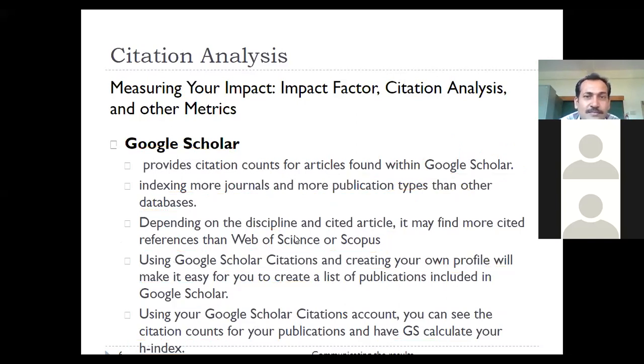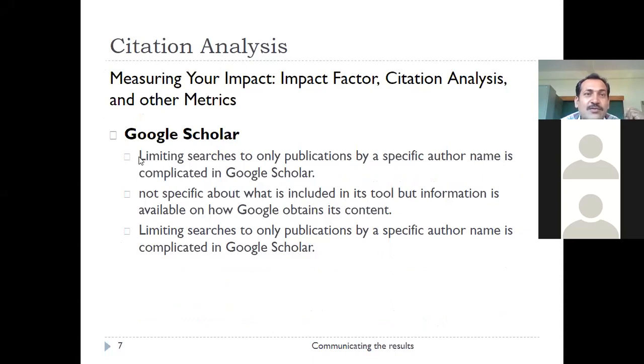Okay. Now, in Google Scholar, limiting searches to only publications by a specific author name is complicated, because you cannot do specific searches in Google Scholar like in Web of Science or Scopus. There you can do specific searches of the authors, right?